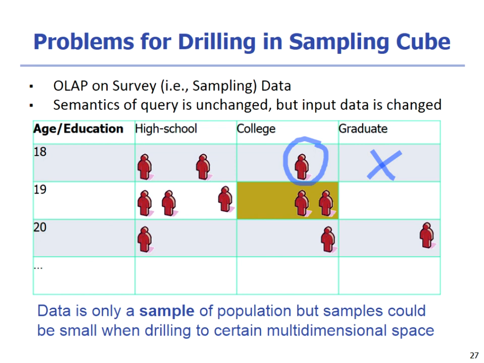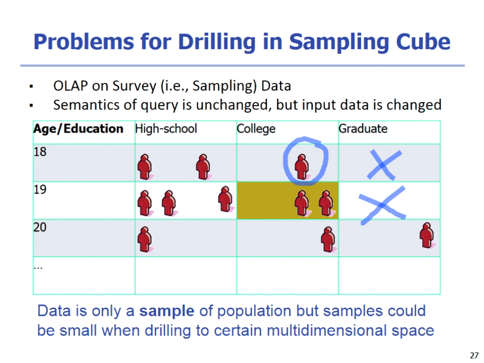So for example, what is the average income of 19-year-old high school students? This is a question. And normally we have to return not only the query result but also the confidence interval. So how can we compute confidence intervals in the OLAP context? And here, for example, we have no data.